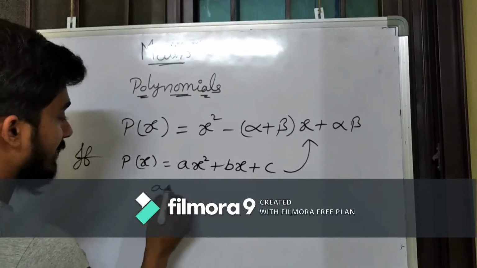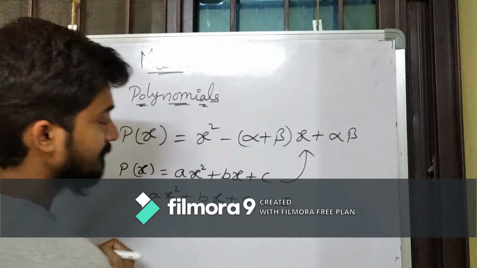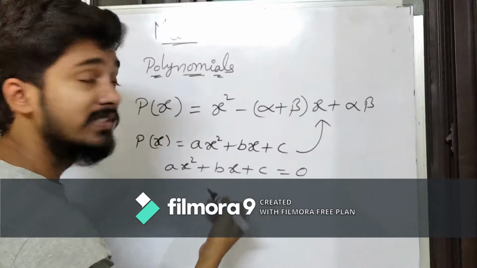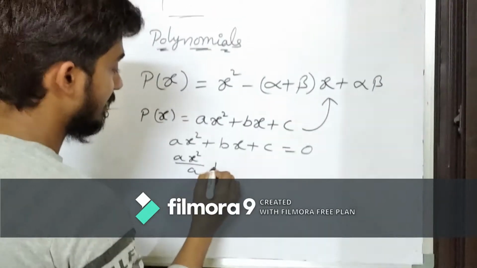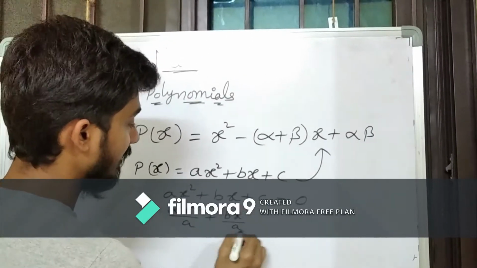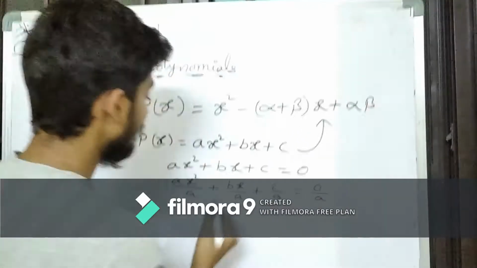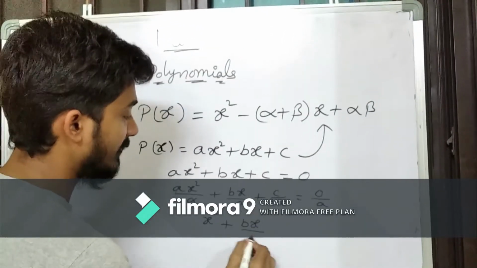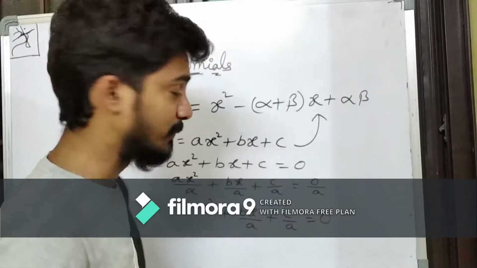It means ax square plus bx plus c equals 0. Divide both sides by a. That means ax square by a plus bx by a plus c by a equals 0 by a. The a cancels: x square plus bx by a plus c by a equals 0 by a, which is 0.